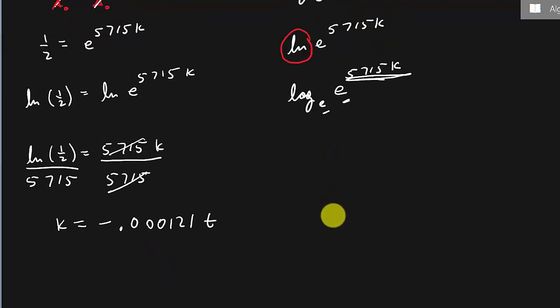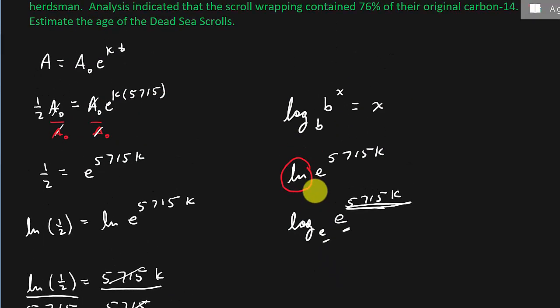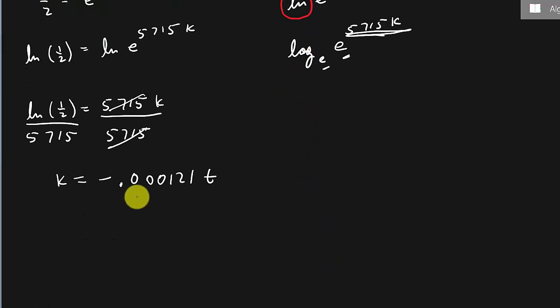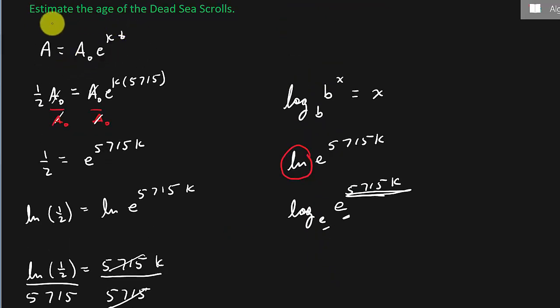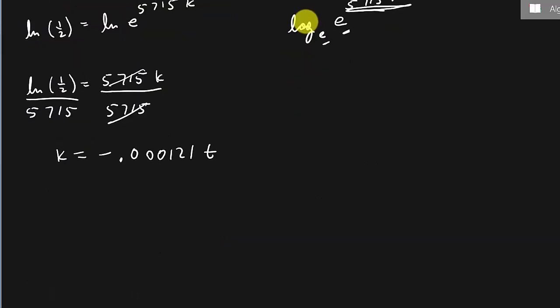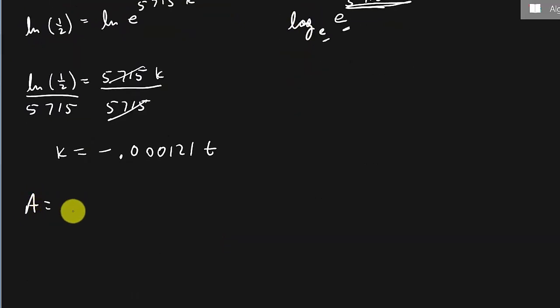Now I'm going to take this value I got for k and plug it back into the model that I started with. And so that's going to be A equals A naught e to the negative 0.000121t. So that's my model there.